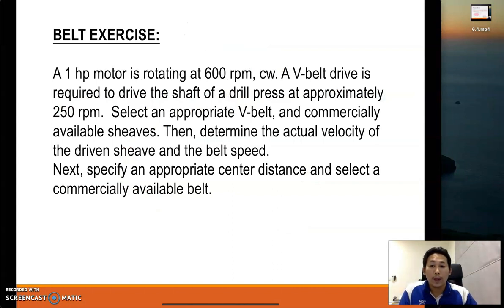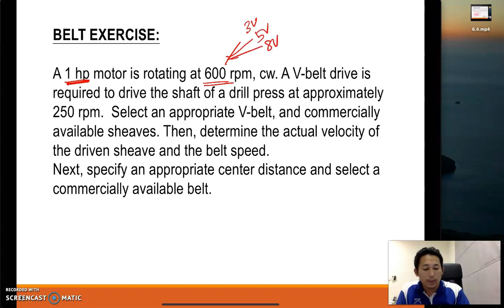So you can calculate the exercise: 1 HP, 600 RPM. So we need to find 3V, 5V, or 8V. Okay, a V belt drive is required, 250 RPM. Select the appropriate V belt and commercially available shaft. So we need to find a shaft, then determine the actual velocity of the driven shaft and the belt speed.